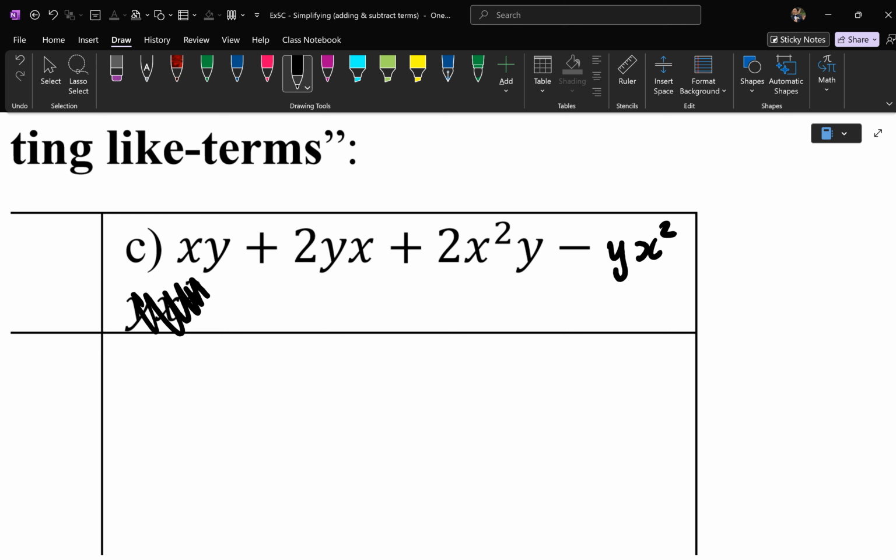I want you to simplify it. So there are 4 terms. There's an xy, 2yx, 2x squared y, and minus yx squared. There are 4 terms. We can simplify this. Make it smaller. First, identify which terms are the same.